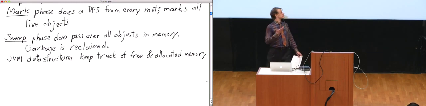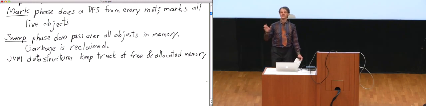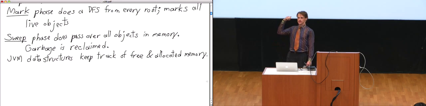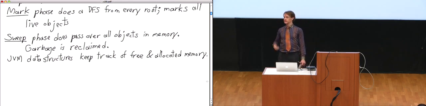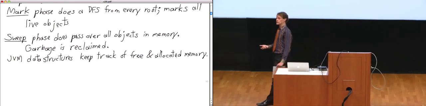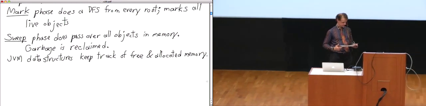But the way to think about it is there's an invisible linked list that links every object and every bit of free memory. And the Java virtual machine can go through this secret linked list and figure out how to either find memory to allocate you a new object or get rid of an object you've already got and turn it into free memory.